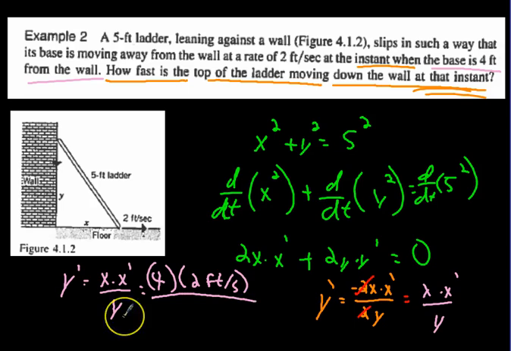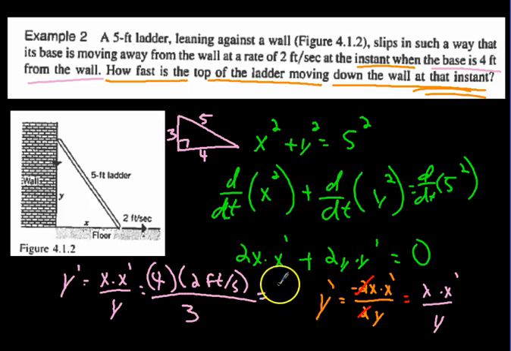And the y value: if this is 5 and that's 4, well, we use the Pythagorean theorem, so that has to be 3. So the y value at that place has to be 3. So essentially it should be 8 over 3 feet per second.